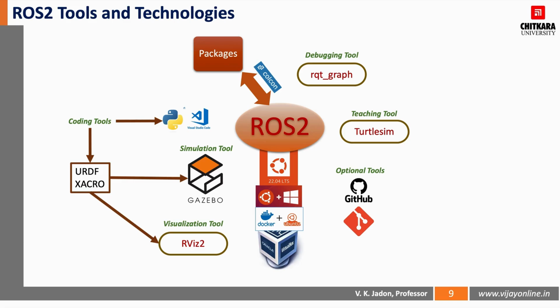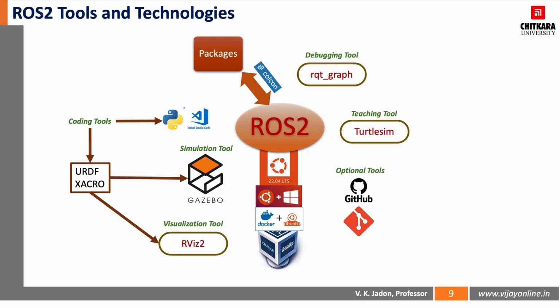URDF is an XML format used to describe the physical structure of a robot, including its links, joints, sensors, and visual elements. The model designed in URDF can be imported to RViz and Gazebo for further understanding. It provides a standardized way to define the robot's geometry, kinematics, and dynamics.